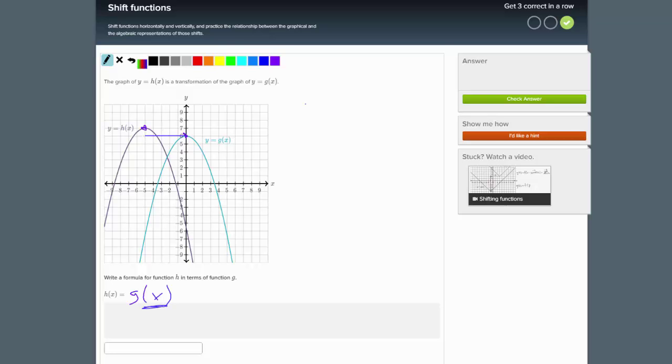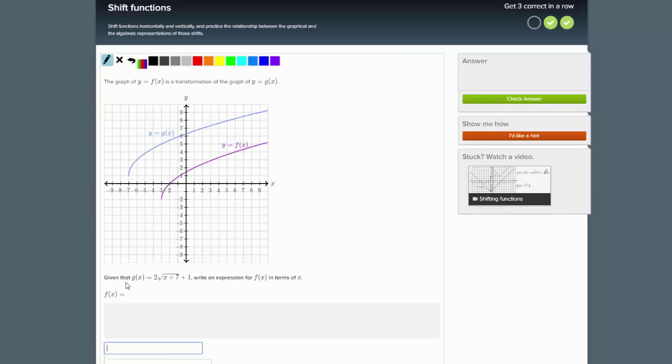So instead of g of x, it's going to be g of x shifted left 5, so this will be a +5. I also shifted up 1, so outside the grouping symbol will be my vertical shift of up 1. g of x plus 5 plus 1.